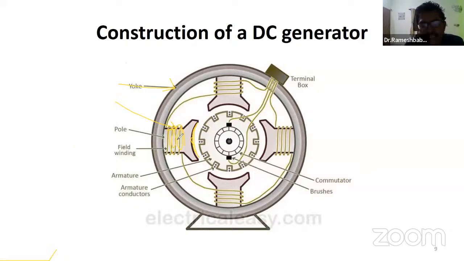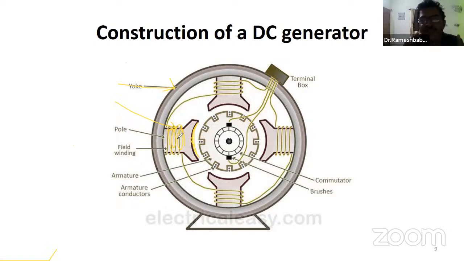And the field winding is made of copper or aluminum material, right? So when current passes through the field winding, it produces flux. So constant flux is created here. As per our discussion, flux is stationary and the conductor is rotating, right?